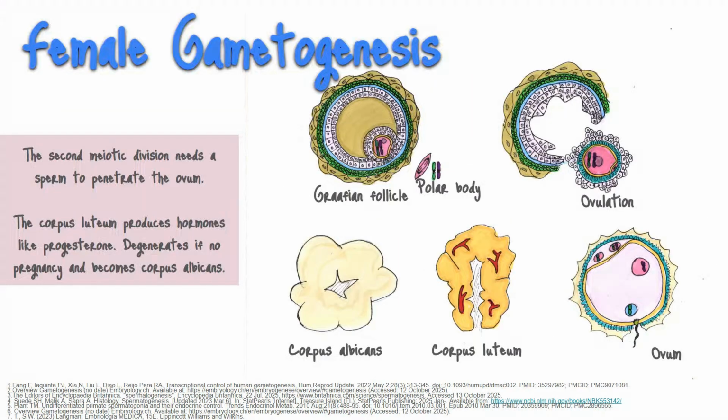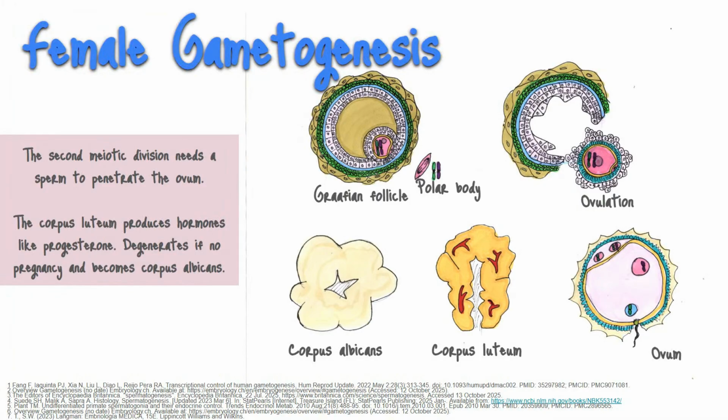The second meiotic division needs a sperm to penetrate the ovum, and a second polar body is formed. The process in which the sperm penetrates the egg will be seen in another video. The cumulus of cells that is left behind after ovulation becomes a secretory body called the corpus luteum.